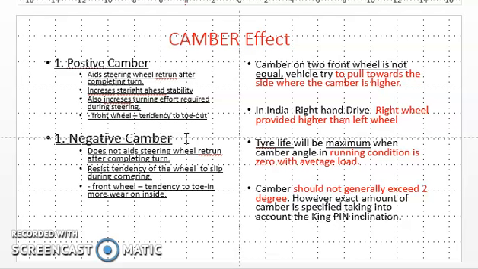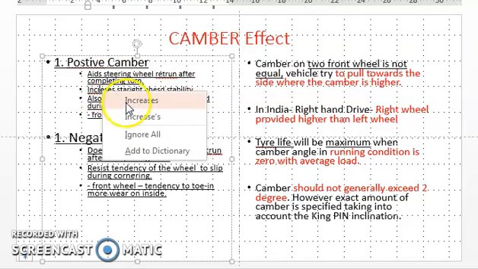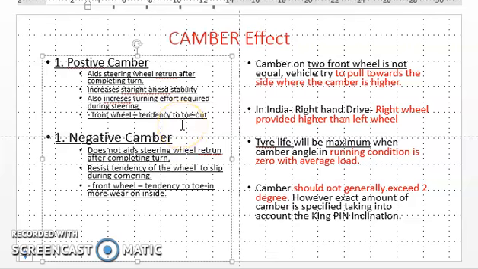When you are turning a vehicle, the steering wheel should return to its original position. At that time this camber will help, and it increases the steering straight ahead stability. It also increases the turning effort required during steering.